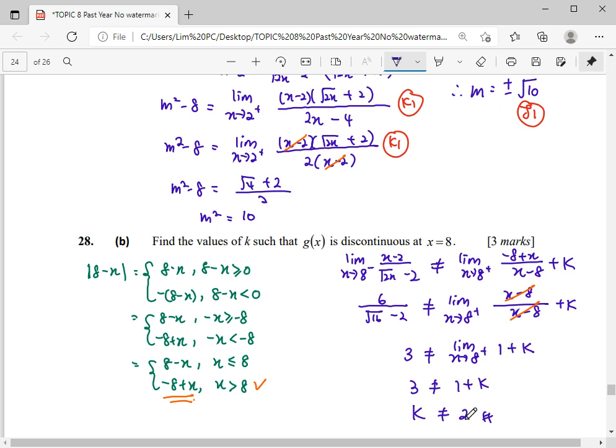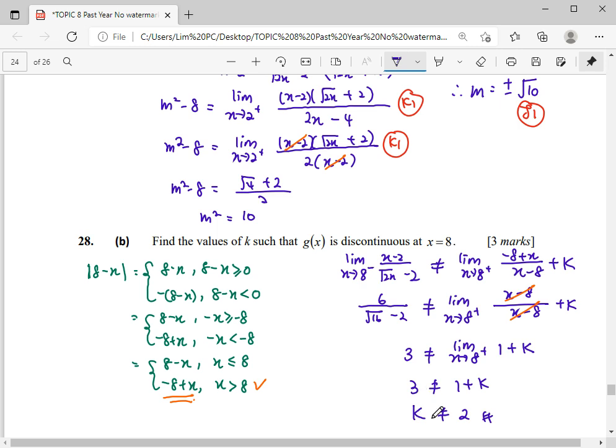When you put 2, it will make it continuous. Find the value of k such that this function is discontinuous. So whatever value of k is acceptable, except the value of 2. Once you put the value of 2 here, it will make this function continuous.